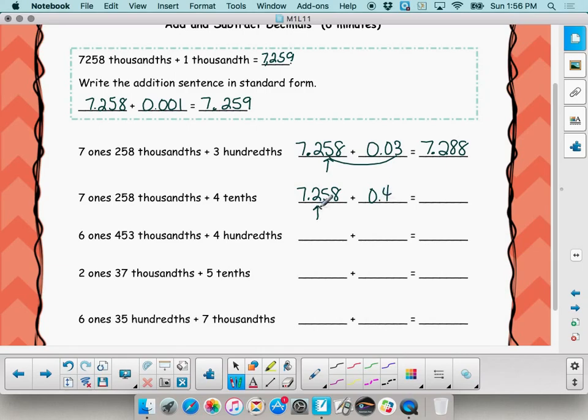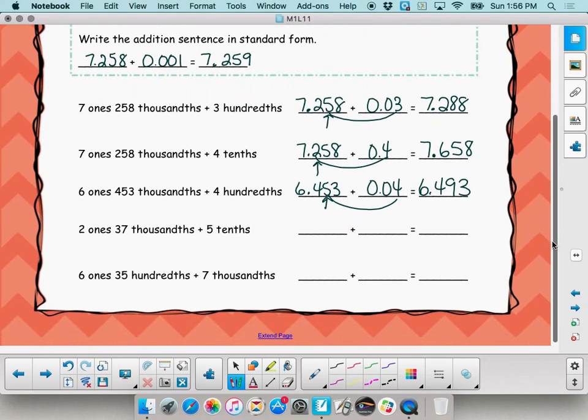So I will add a 4 to the tenths place. So 2 plus 4 is 6, and then 58 after that. Okay, 6 ones and 453 thousandths plus 4 hundredths. So I will add a 4 to the hundredths place. So it will be 6, 4, 5 plus 4 is 9, and the 3 on the end.